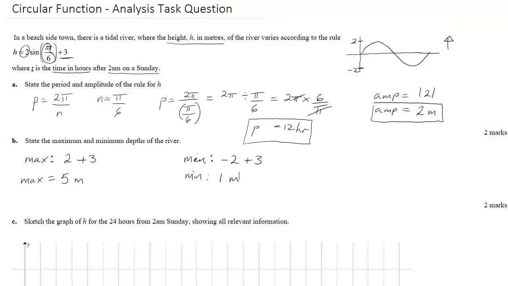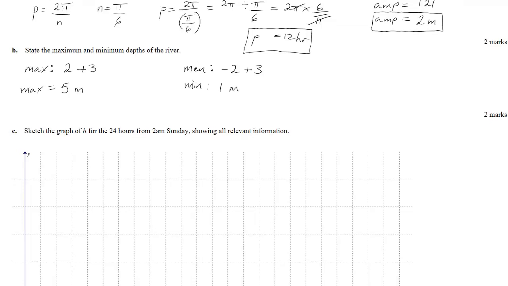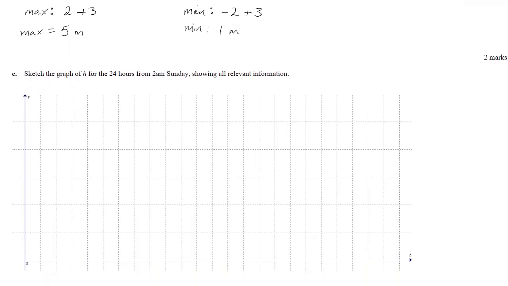Now, let's have a look at question C. So question C is sketching the graph of H for the next 24 hours from 2 a.m. on Sunday, showing all the relevant information. So what we have already figured out is what the amplitude is. So we know that the amplitude is 2.